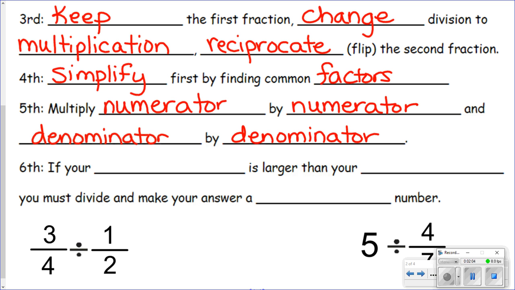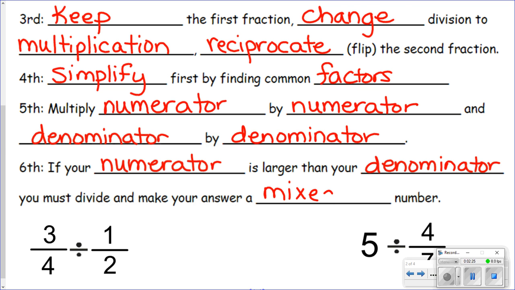Sixth, if your numerator is larger than your denominator, that's called an improper fraction, then you must divide and make your answer a mixed number.